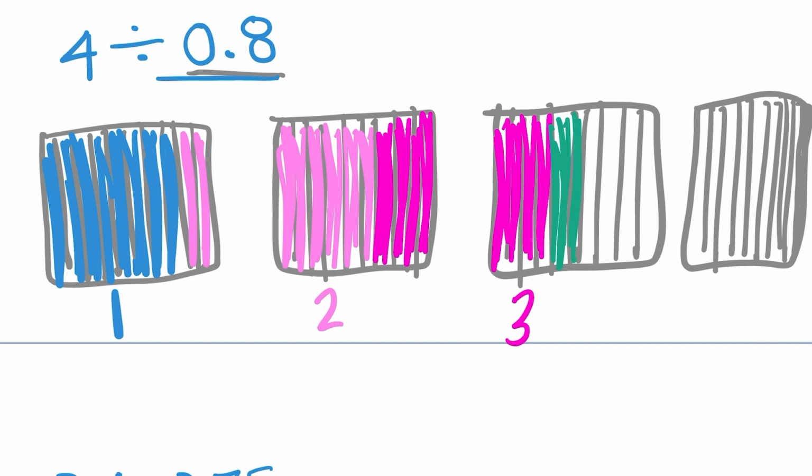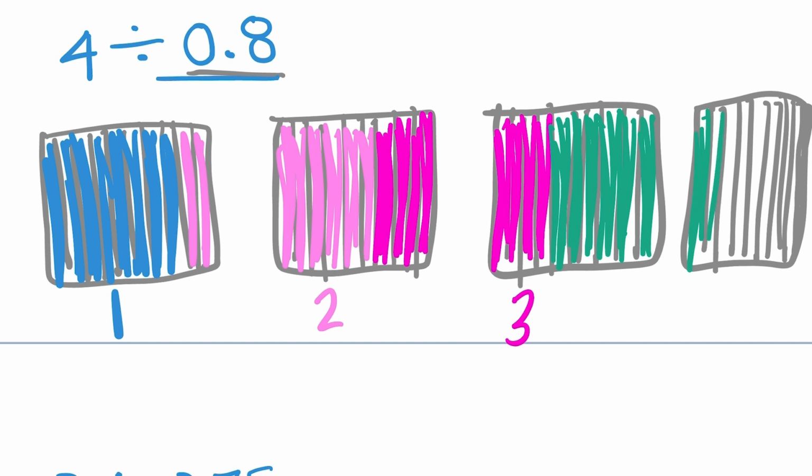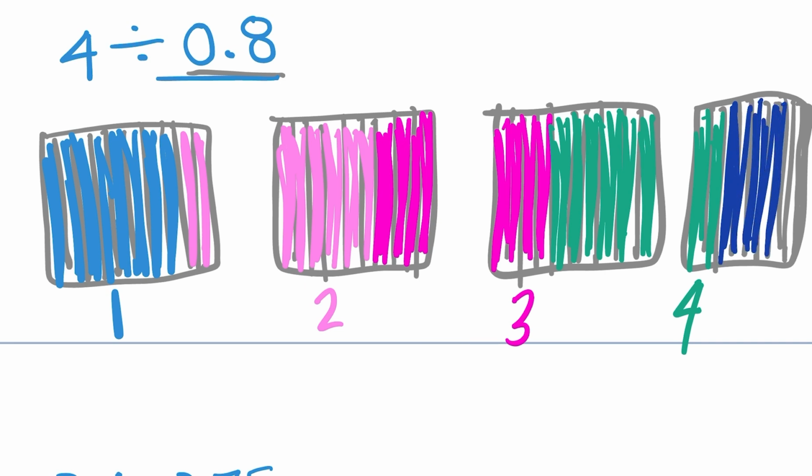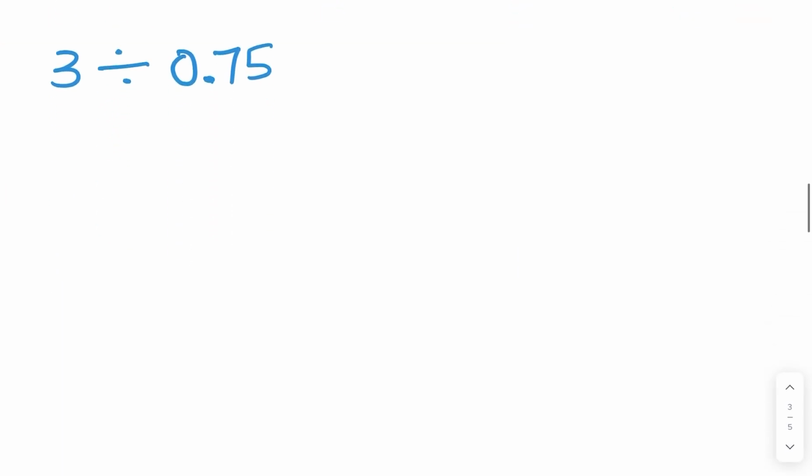That's 4 groups. And 1, 2, 3, 4, 5, 6, 7, 8. That's 5 groups. So my answer is 5 total groups.